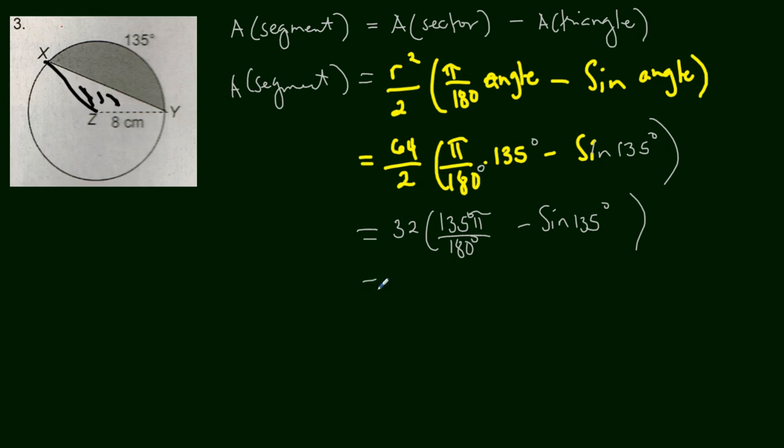If we solve that with the calculator, we have 32 parentheses 135 pi divided by 180 minus sine of 135.